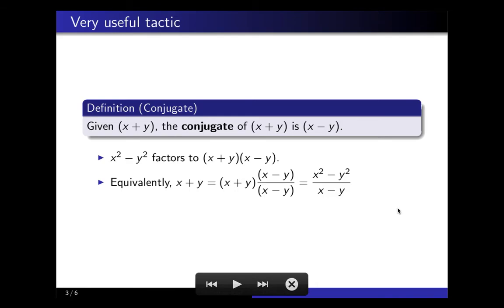And when we're doing limits particularly, we need to leave our expression unchanged, and multiplying by 1 is a way of leaving your expression unchanged, but maybe rewriting things in a more convenient fashion. So we could rewrite x plus y as x squared minus y squared, all divided by x minus y.